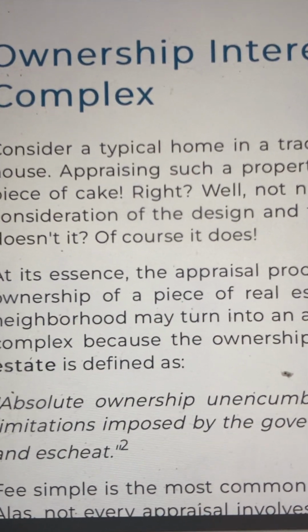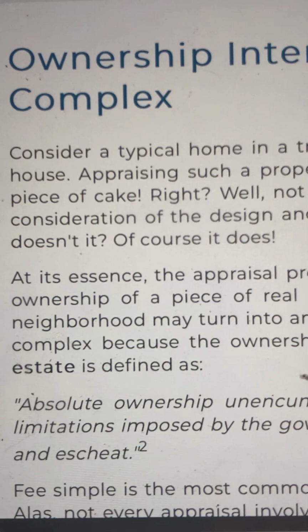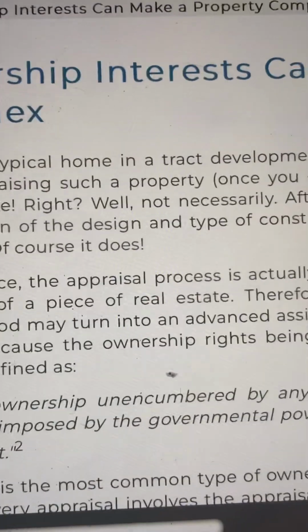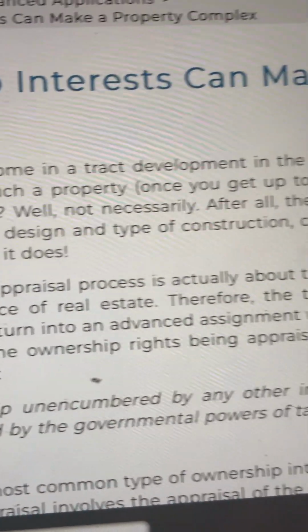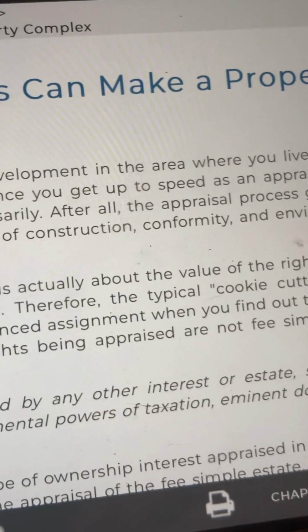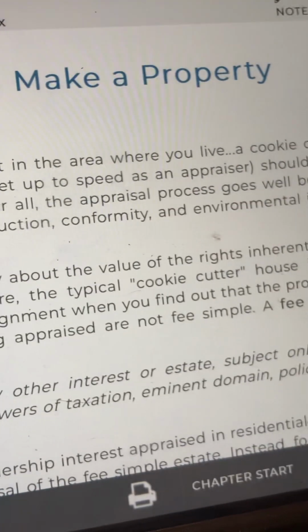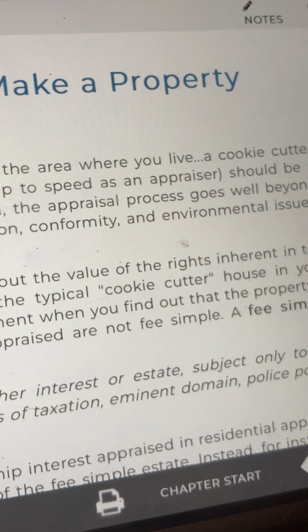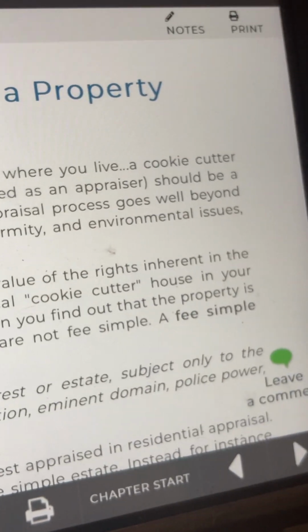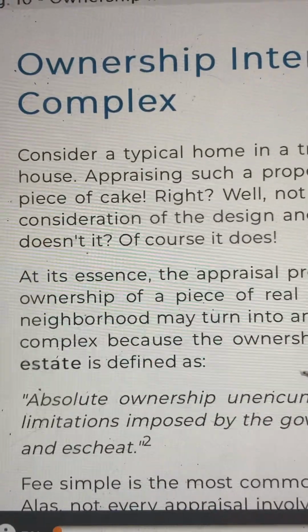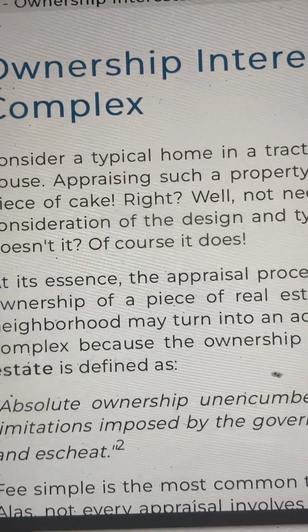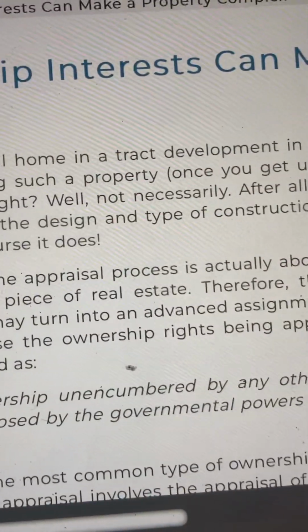Of course it does. At its essence, the appraisal process is actually about the value of the rights inherent in the ownership of a piece of real estate.